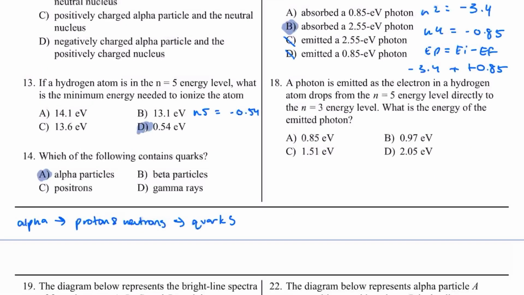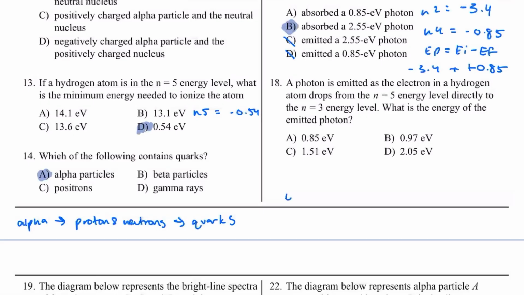18. A photon is emitted as the electron in a hydrogen atom drops from the n equals 5 energy level directly to the n equals 3 energy level. What is the energy of the emitted photon? So it's the same thing here. We just look at the reference table for these values and then plug it into the formula.